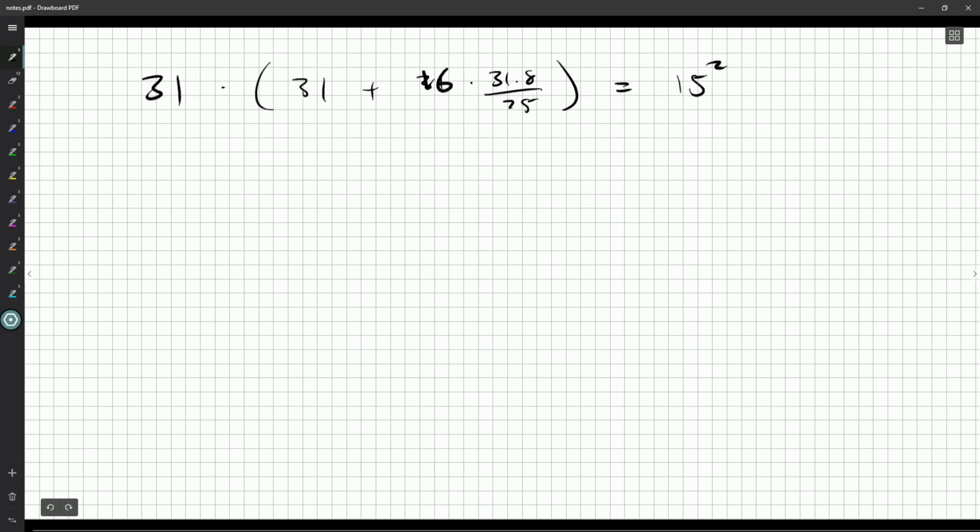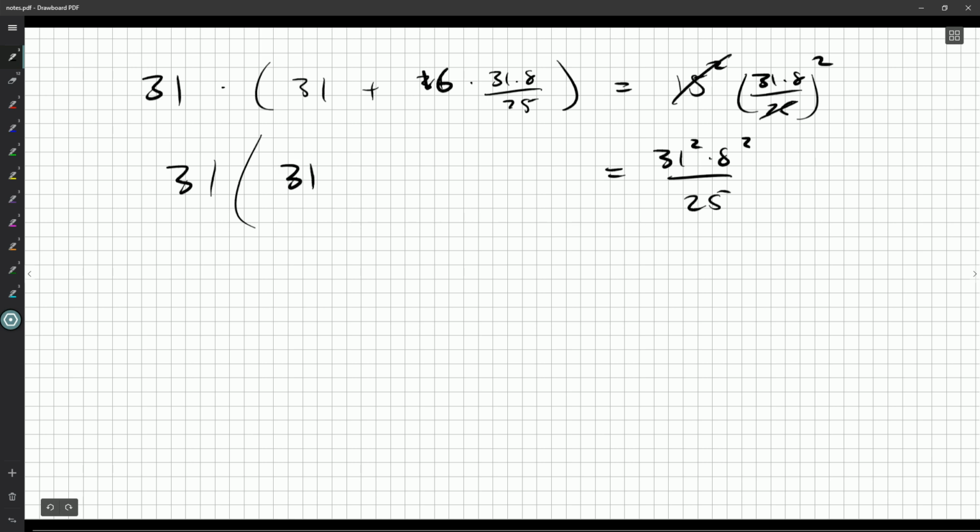And that should be b squared, 31 times 8 over 75 squared. Those parts will cancel out, and so it'll be 31 squared, 8 squared over 25. Got a 31 here, and then 16 times 8 times 31.